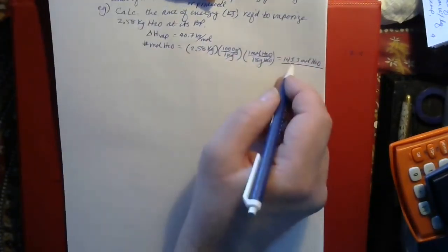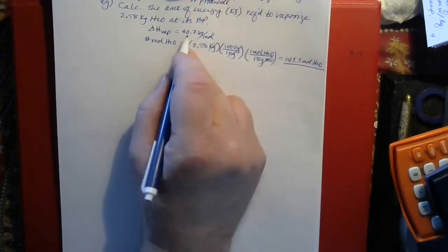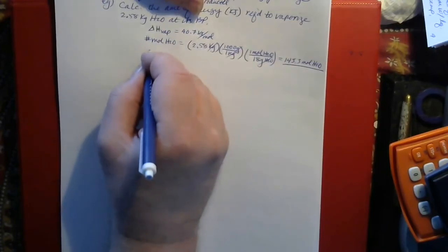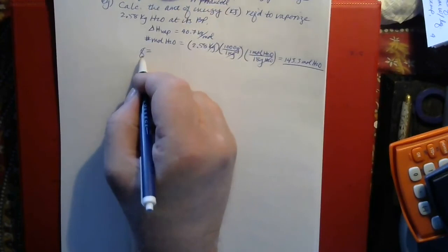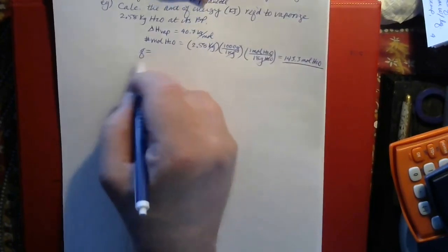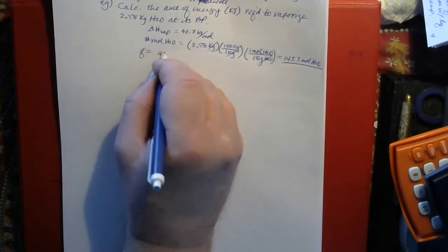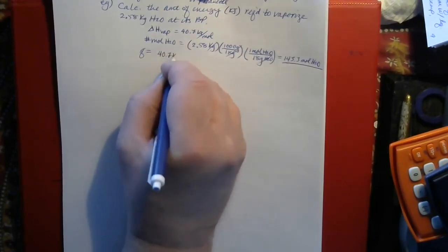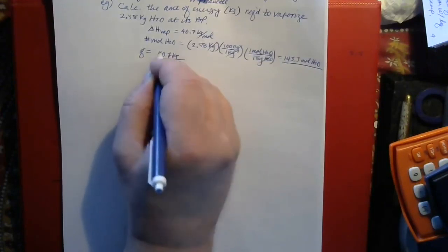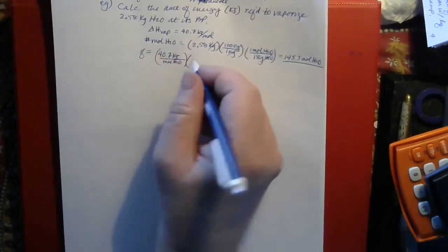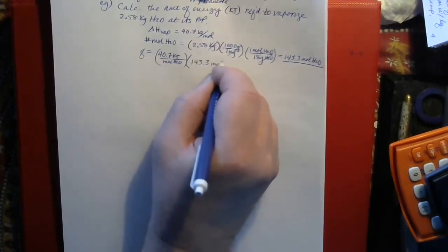And so if we know how many moles of water we've got, and we know how many kilojoules are required for each mole, then all we have to do is say Q, which is the abbreviation that's usually used for an amount of heat, would be the heat of vaporization, 40.7 kilojoules per mole of water, times 143.3 moles of water.